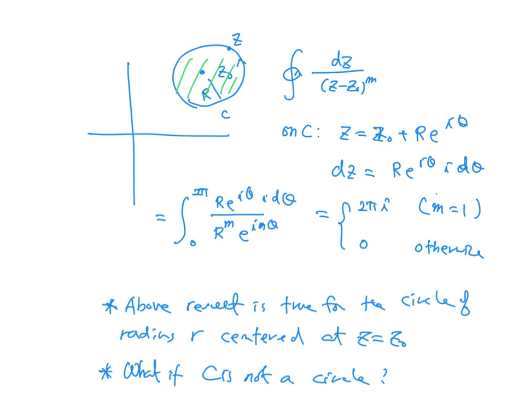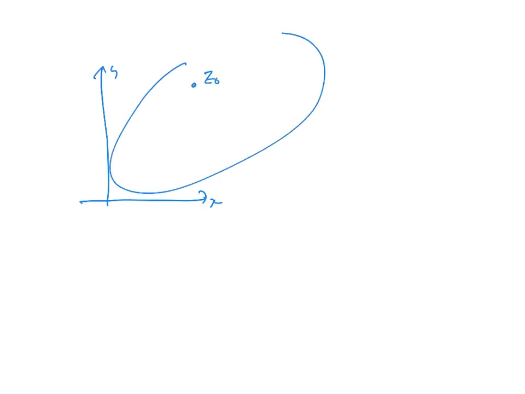So if it is not a circle, then what do we do? It's a general curve.